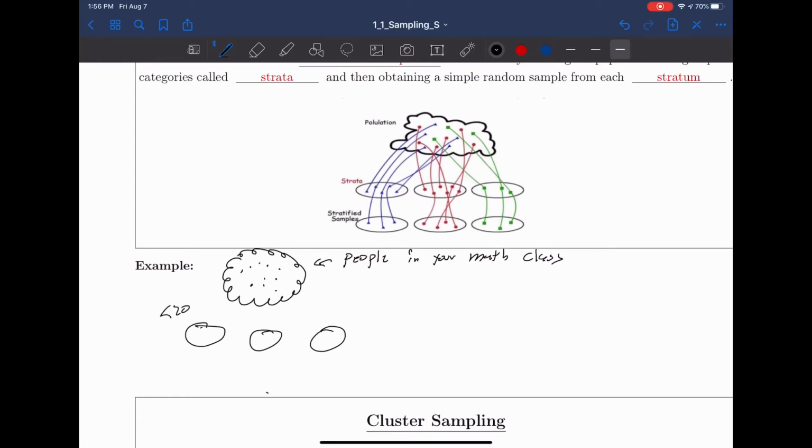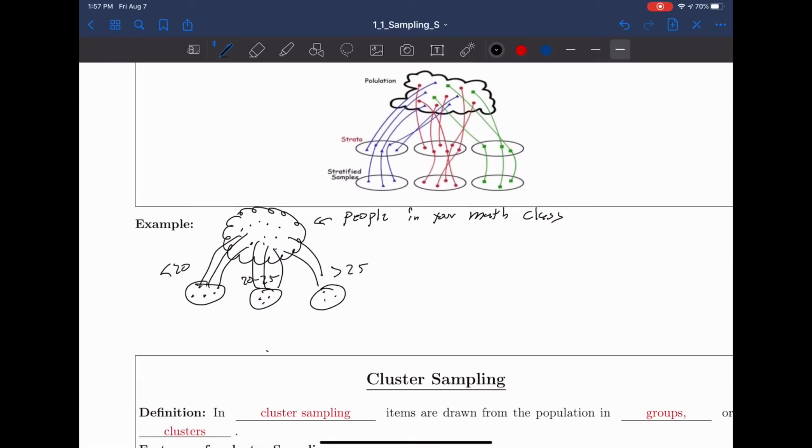Let's say these are people between 20 and 25, and let's say this will be people who are more than 25 years old. Right? And then you do another layer.